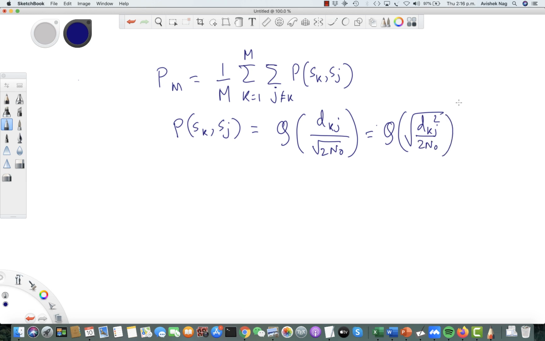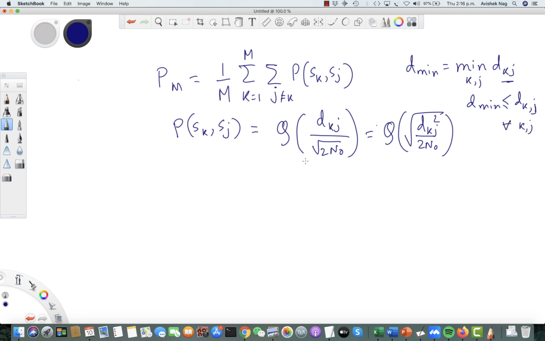Since your d min is the minimum over all k and j of dkj, any dkj will be greater than or equal to d min. Sorry, so d min is less than or equal to dkj for all kj's.